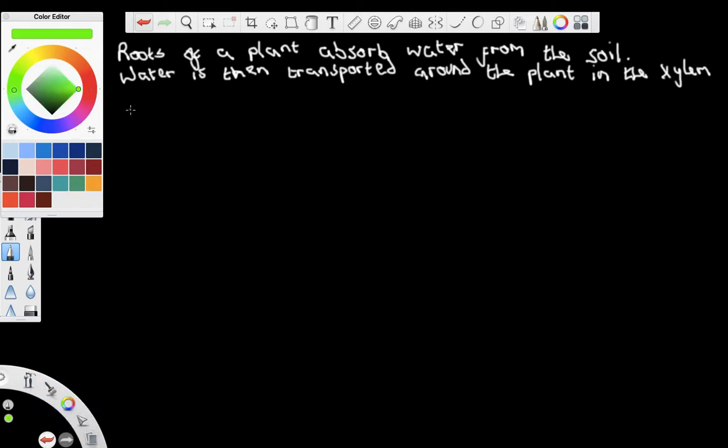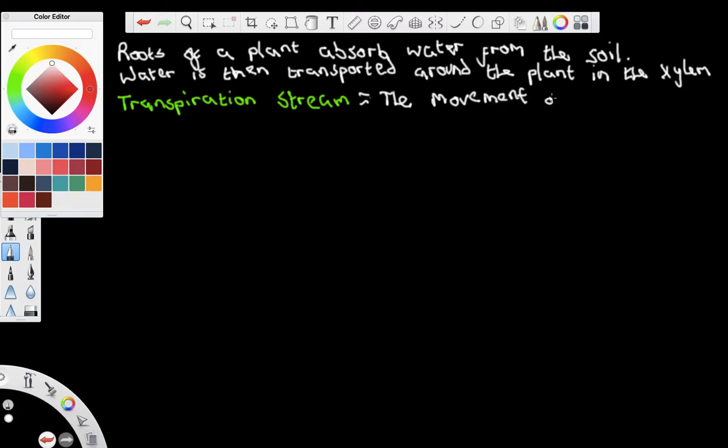Just to refresh our memory, a transpiration stream can be defined as the movement of water up through the xylem.